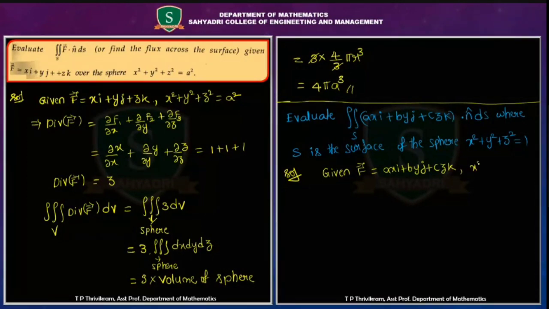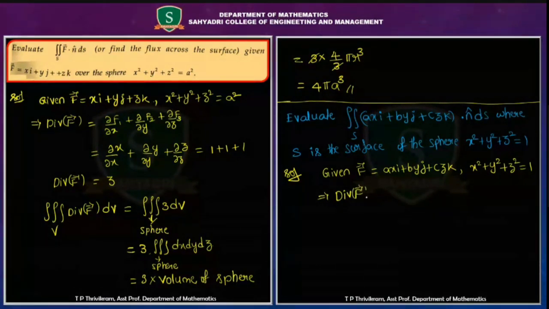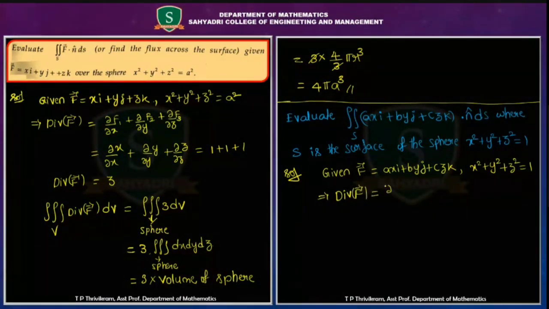Similarly, x square plus y square plus z square is equal to 1, so the radius value is 1. If you are applying the divergence theorem, find the divergence of the given F: dou by dou x of F1 plus dou by dou y of F2 plus dou by dou z of F3.